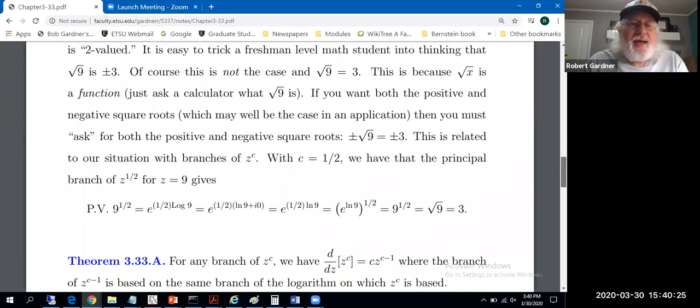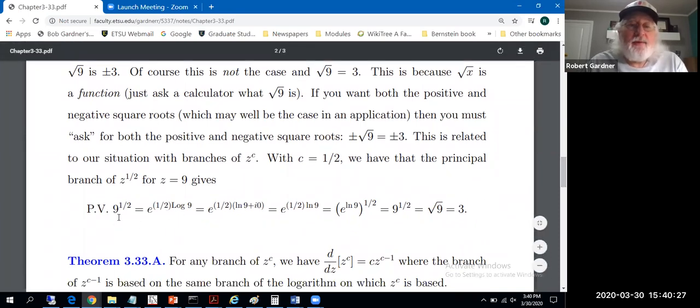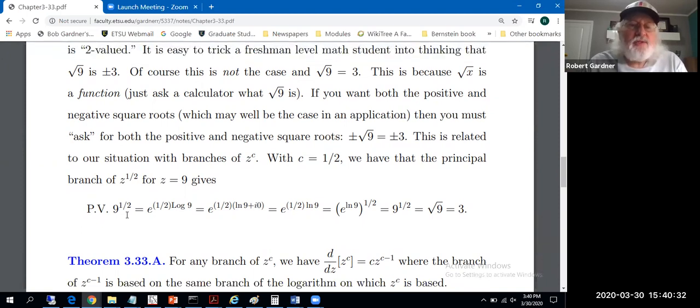If we go through and actually compute the principal value of 9 to the 1/2 using all this complex stuff, that would be, by definition, e to the 1/2 principal branch of the log of 9. All right, that principal branch of the log is defined as the natural log of the modulus of 9 plus i times the argument of 9. 9's real, its argument is 0, its principal argument is 0. So we'll lose this.